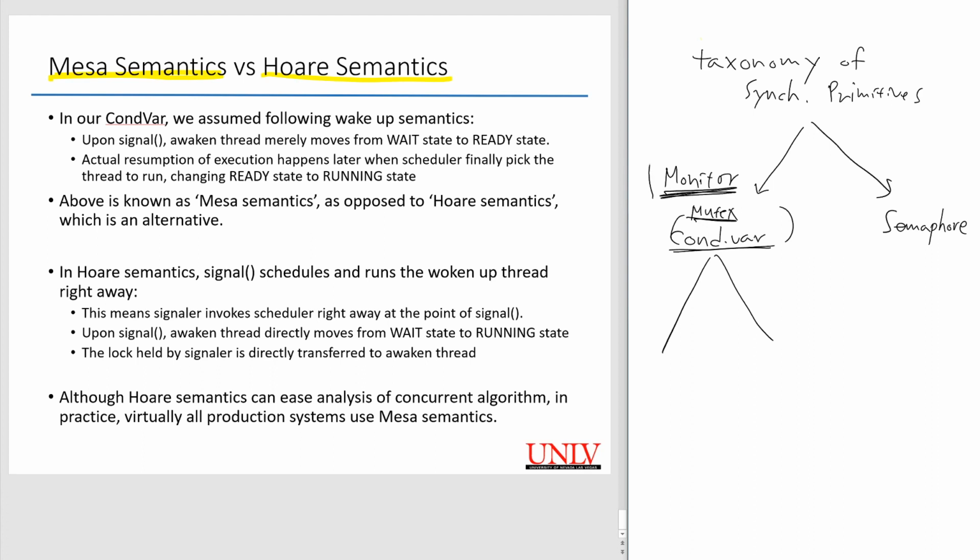Monitor is the name that refers to a collection of synchronization primitives that more or less behaves like the mutex and condition variable that we learned so far. So you have monitor and you have semaphore. And the monitors can come in Mesa semantics, and the other one is known as Hoare semantics.